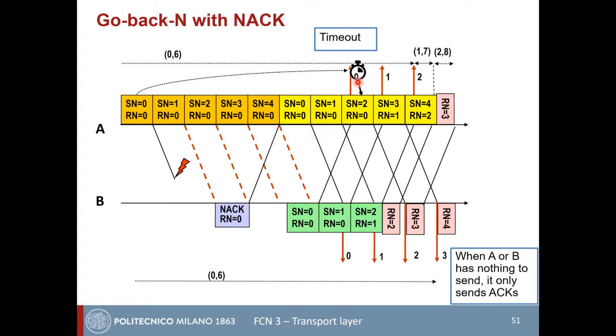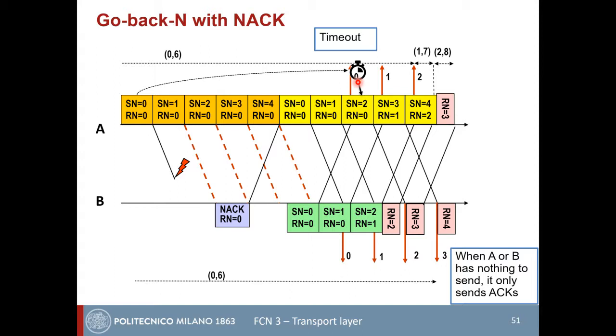So A should have, for example, transmitted also frame number 5, frame number 6, which actually, since they are out of sequence, will be discarded by B. And also A should have stopped transmitting at frame number 6, as we have seen in the previous case, because the window is locked from 0 to 6.